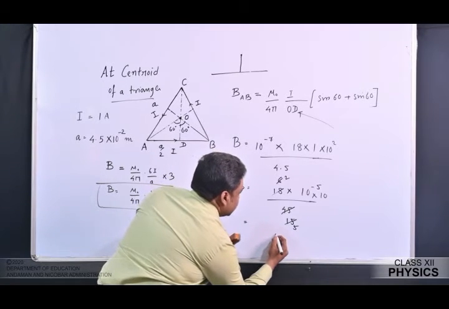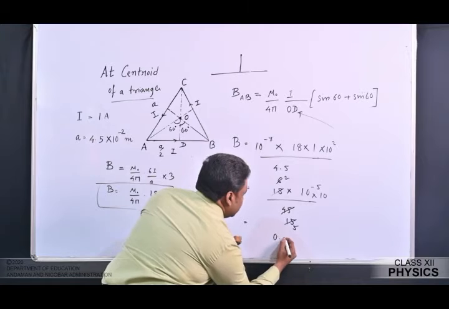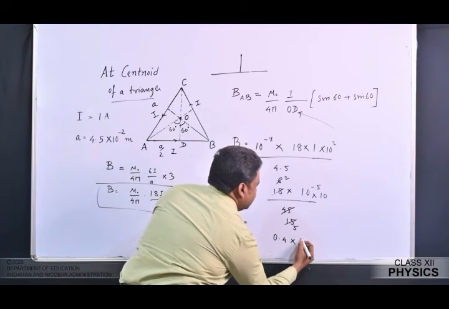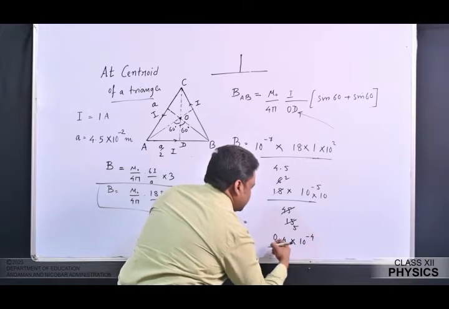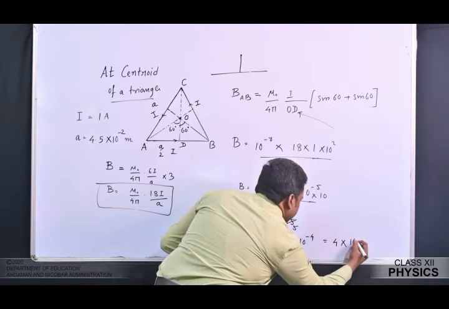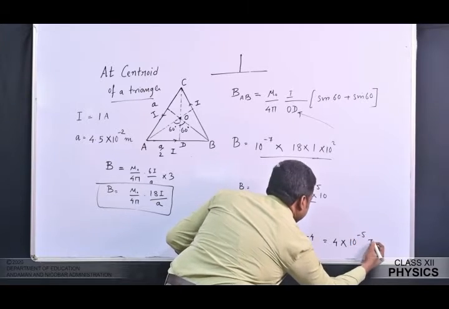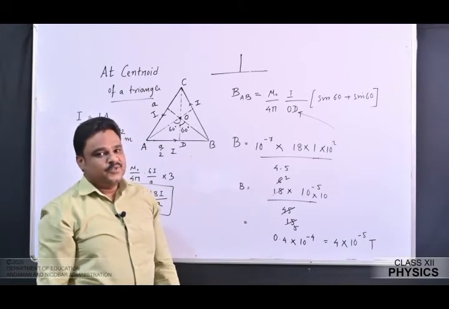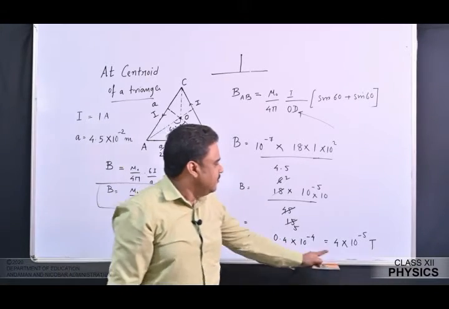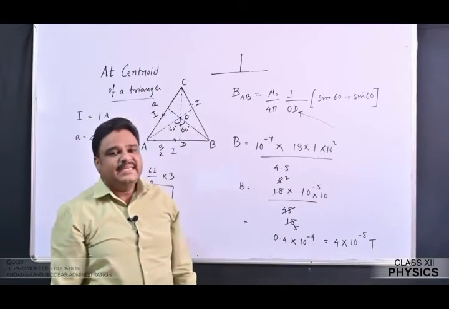So you are able to see it is 0.4 into 10 power minus 5, which is 10 power minus 4. If I write it in normal scientific notation, it is 4 into 10 power minus 5. The magnetic field unit is measured in Tesla. So by putting in all the values, the magnetic field at the centroid comes to be 4 into 10 power minus 5 Tesla.